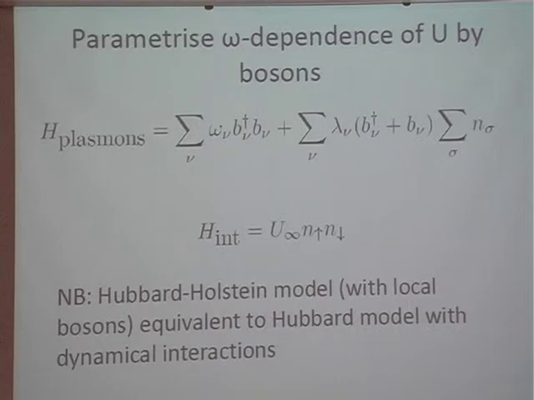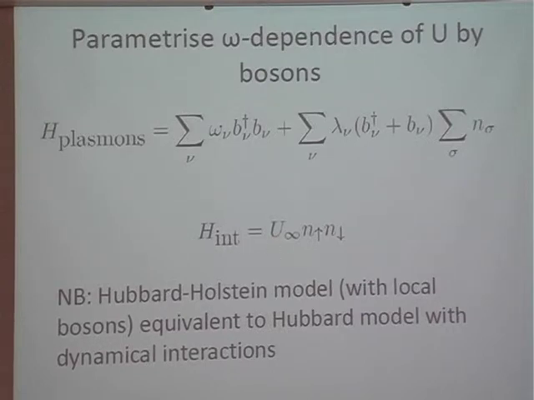They are bosonic, and if you write a bosonic Hamiltonian, here B dagger B, creating and annihilating a boson with frequency omega nu, and these bosons couple to the fermionic density in this way, then you find, and okay, your interaction part now has only the unscreened interaction. This would be your bare interaction, the bare V or whatever you had in your system.